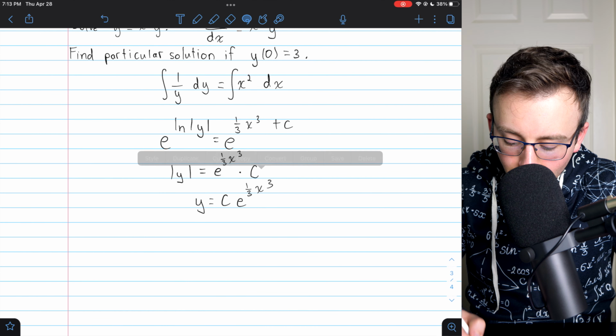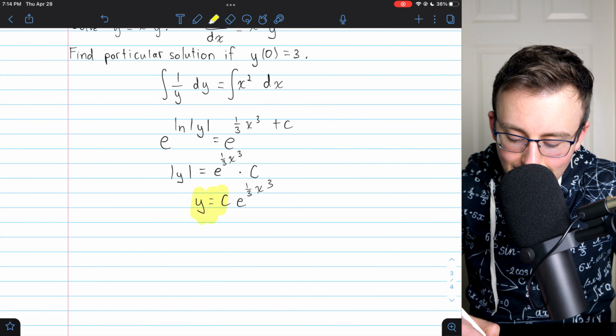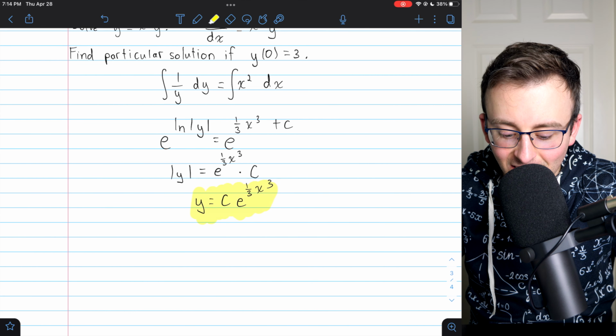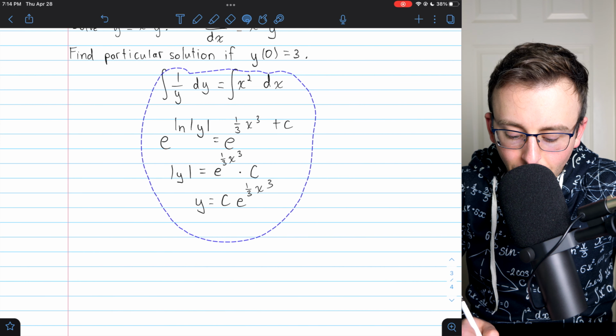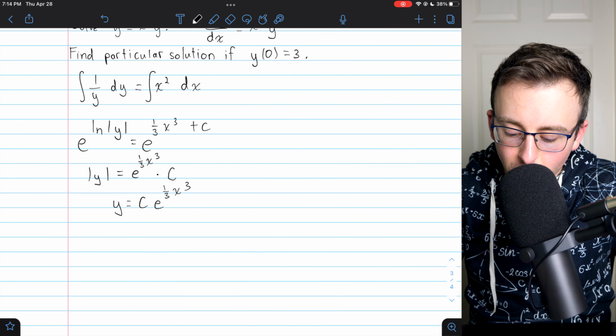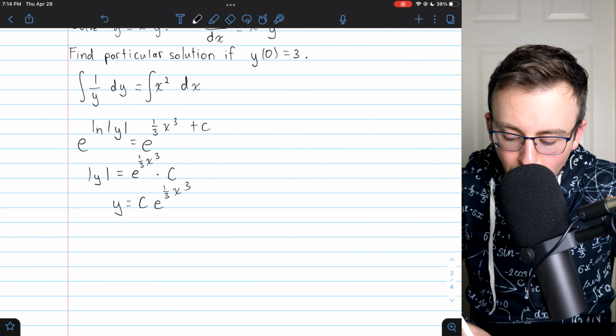So our general solution to the differential equation is that y equals some constant c times e to the 1/3 x cubed. Now we can go ahead and find the particular solution given our initial condition. The initial condition says if we plug in 0, we should get 3.